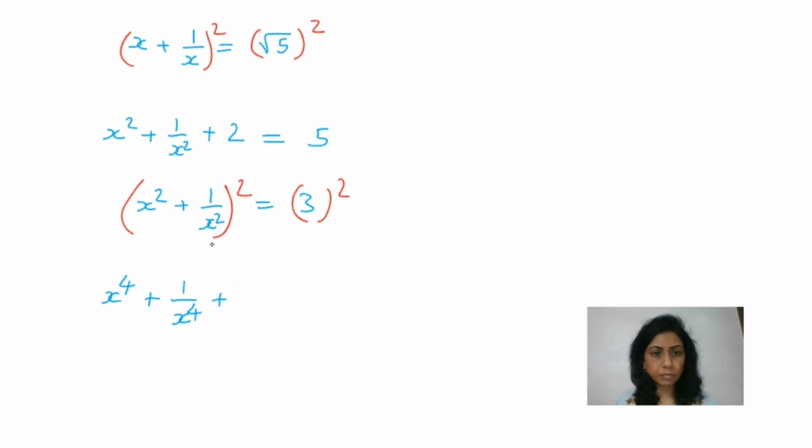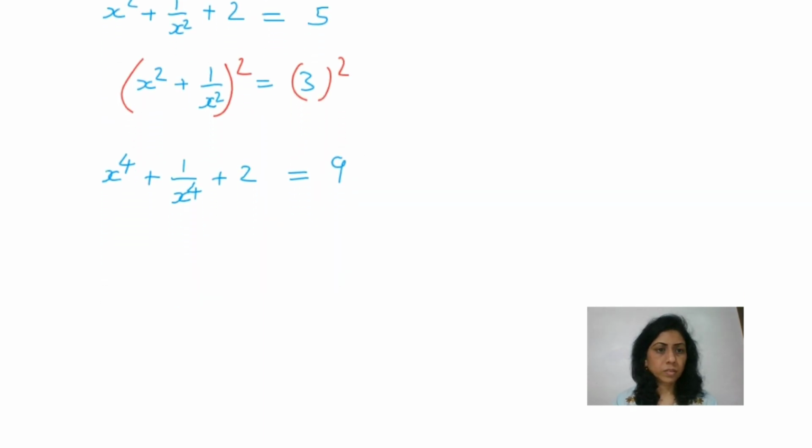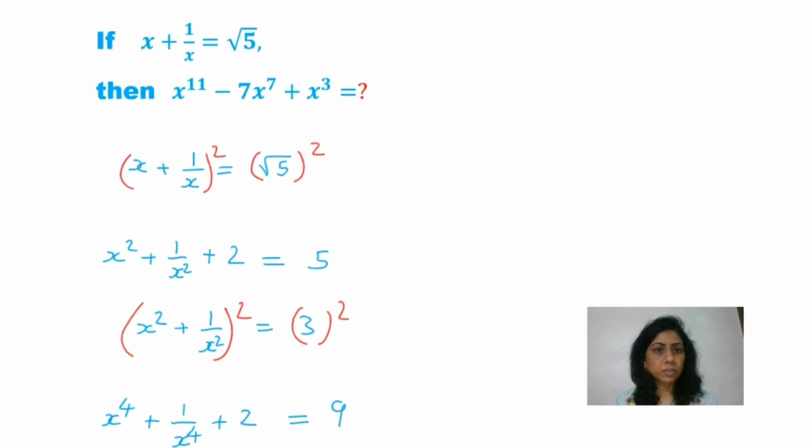This one multiplied with this, and x square cancels, so we get just 2. And 3 square is 9. So x to the power 4 plus 1 upon x to the power 4 is 9 minus 2, 7. So we actually got 7, right?